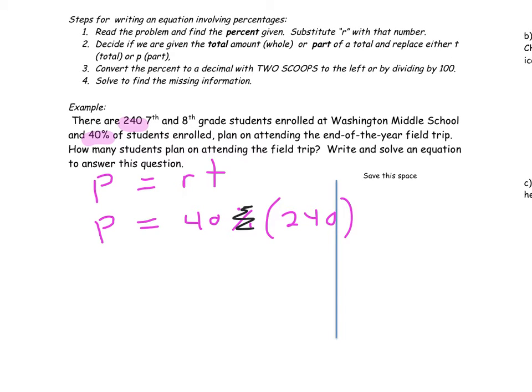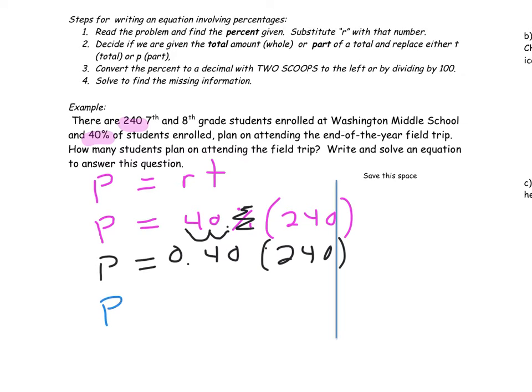Well, I'm going to use the 2 scoops method. I'm starting the decimal at the end and scooping 2 places to the left. So we now have the part equals 0.4, or we could put 0.40 if it makes it more comfortable for you, times 240. So pause for a moment and use your calculator to take 0.4 times 240.